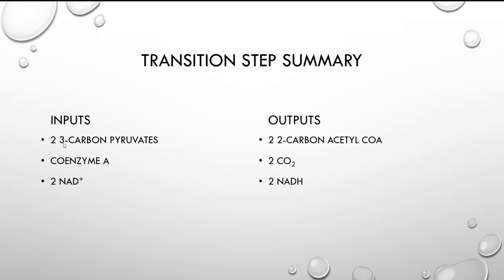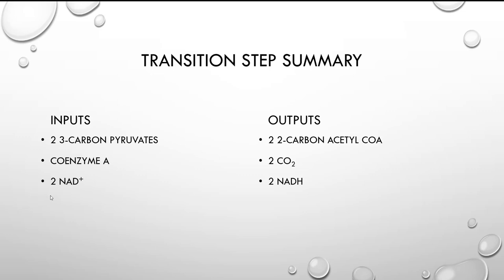Since we lost a carbon, that pyruvate gets broken down. So that loss gets outputted as carbon dioxide. Since we lose one carbon from each of the pyruvates, we end up with 2 carbon dioxides being released.